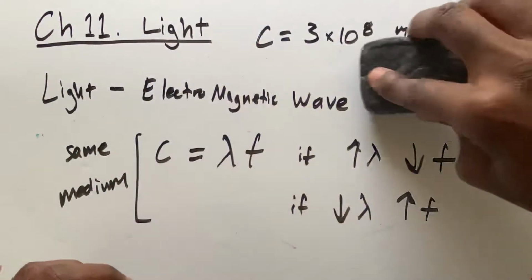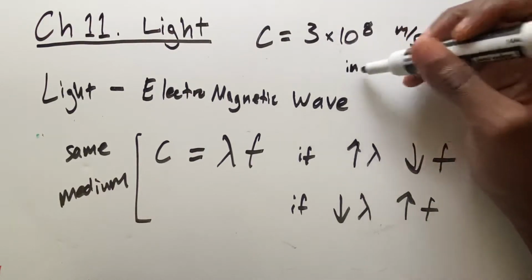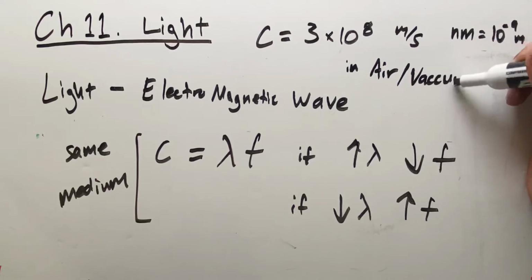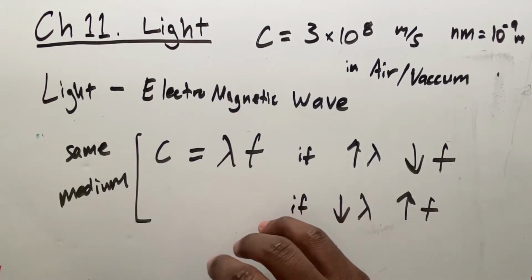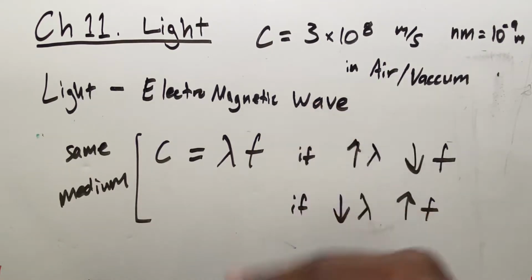So light travels at this speed here in air, or in a vacuum. But we're going to get into later what happens when light travels through different mediums. Okay.